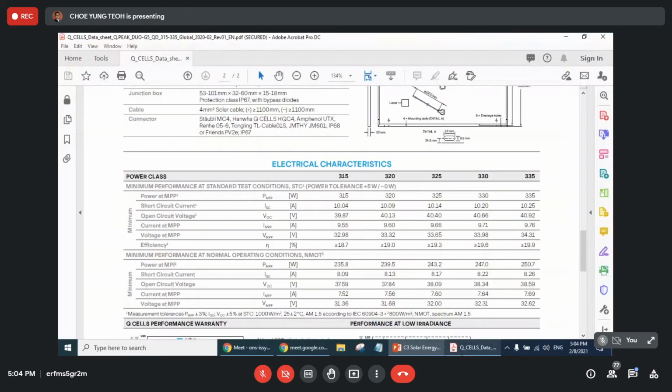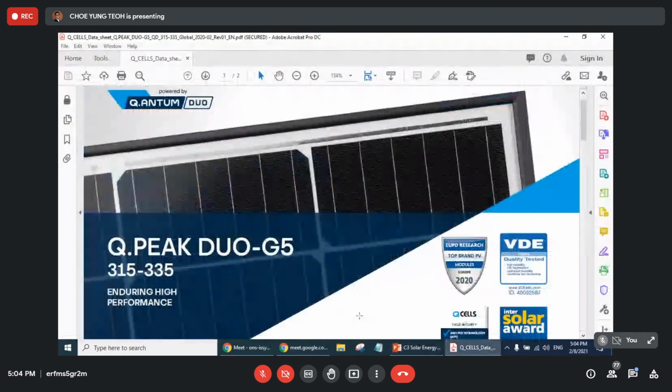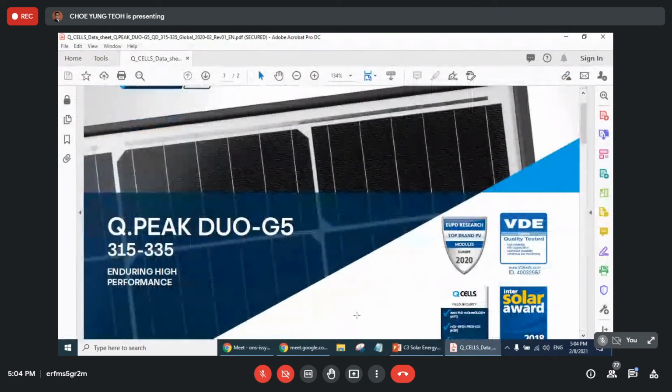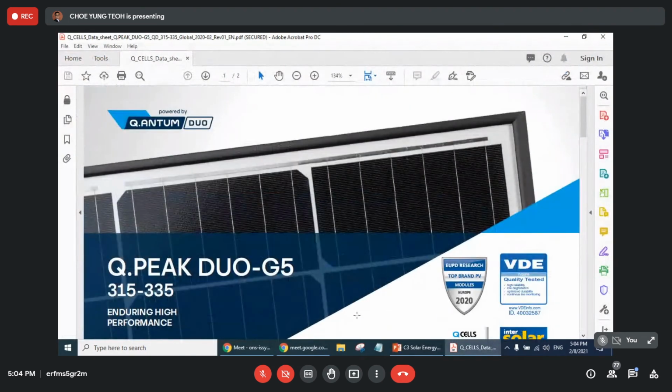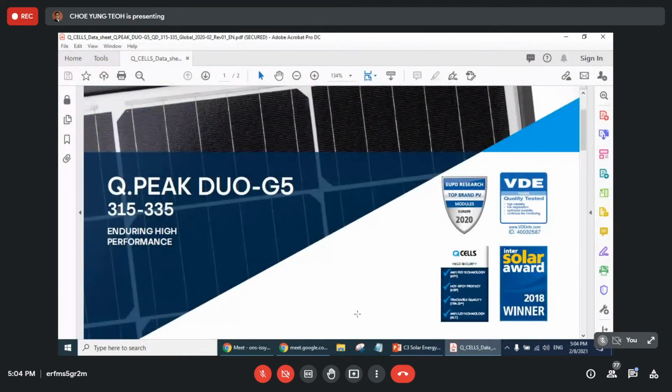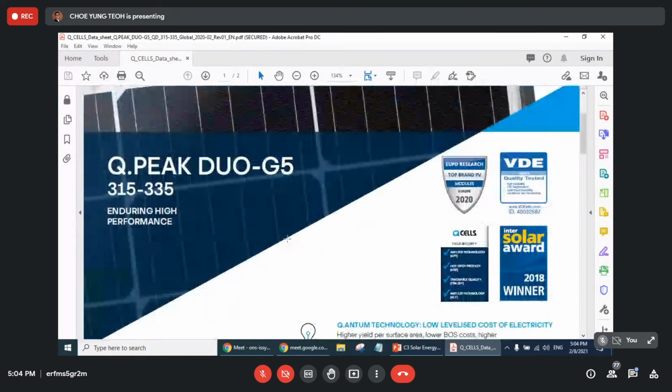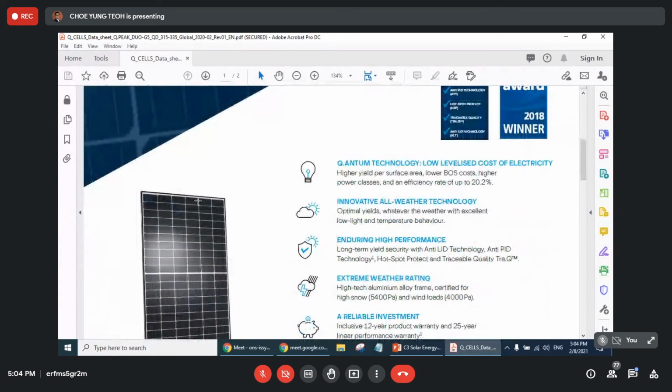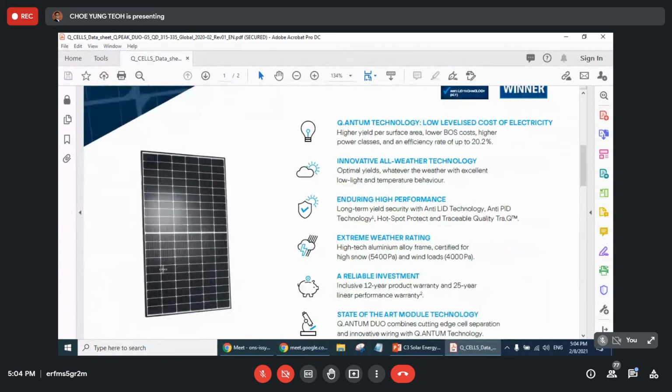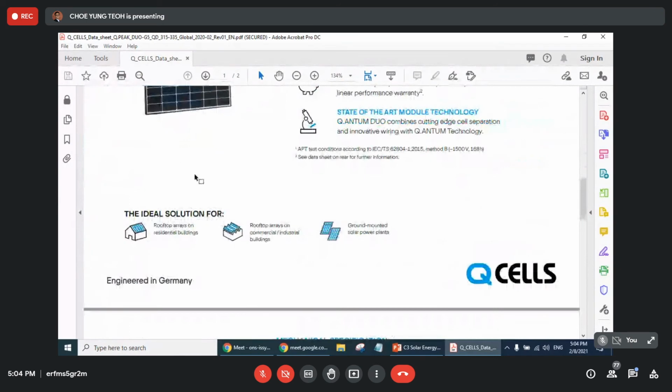And then what is this one? Is this crystalline? It definitely is a crystalline panel. If it's a thin film, then you should not see the lines. It should be one black panel without any line in between.